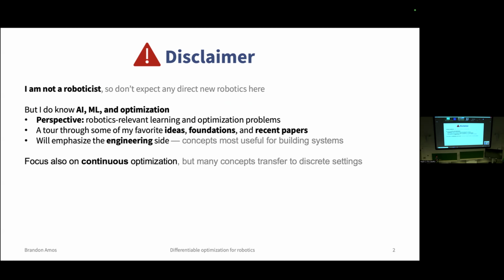So this talk is my perspective on some of these, and maybe some interesting meta problems or other ways of thinking about optimization and the robotics pipelines. I also usually focus on continuous optimization, which means continuous control. But some concepts from this talk will transfer into discrete settings as well.